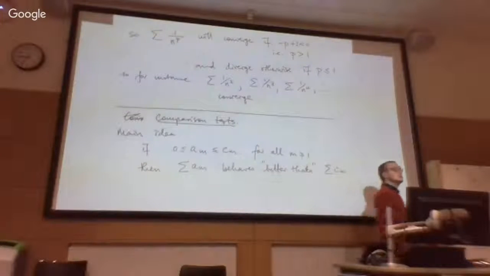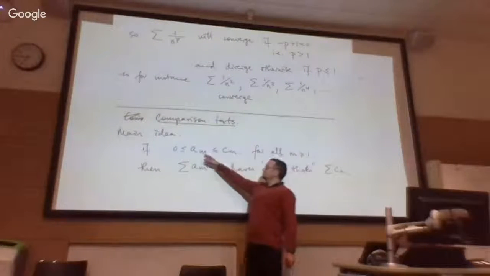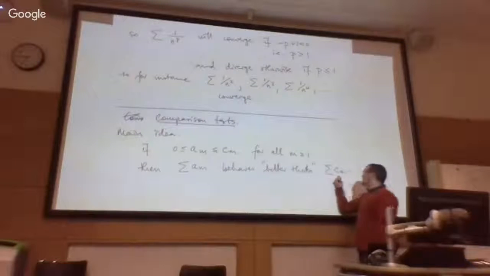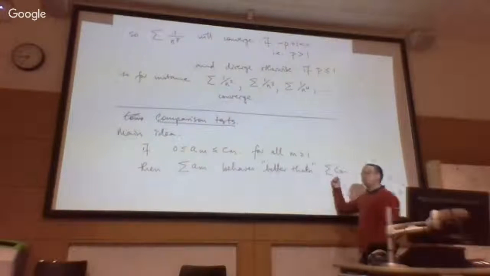Remember, a series of positive terms like this converges if the partial sums don't grow too big, if the partial sums are a convergent sequence. But if our terms are always smaller than the terms from this convergent series, then these partial sums will always be less than these partial sums.